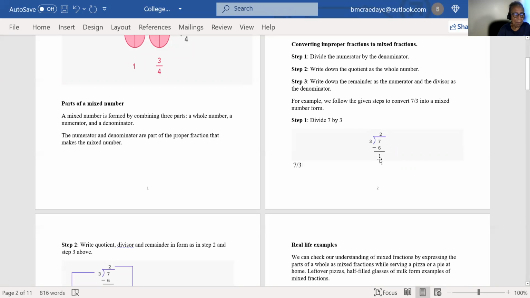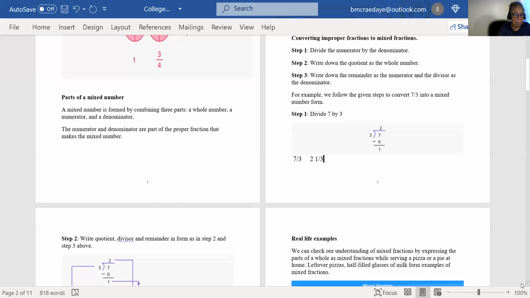So what is our mixed number? Our mixed number is 2, and take the 1 here, put it over the 3, and that's 2 1/3. So let's just write that. 2 1/3.